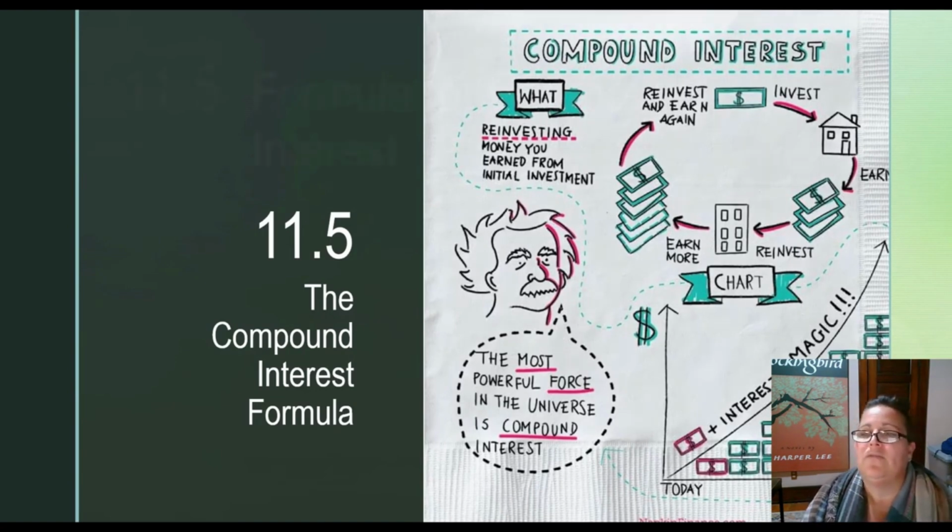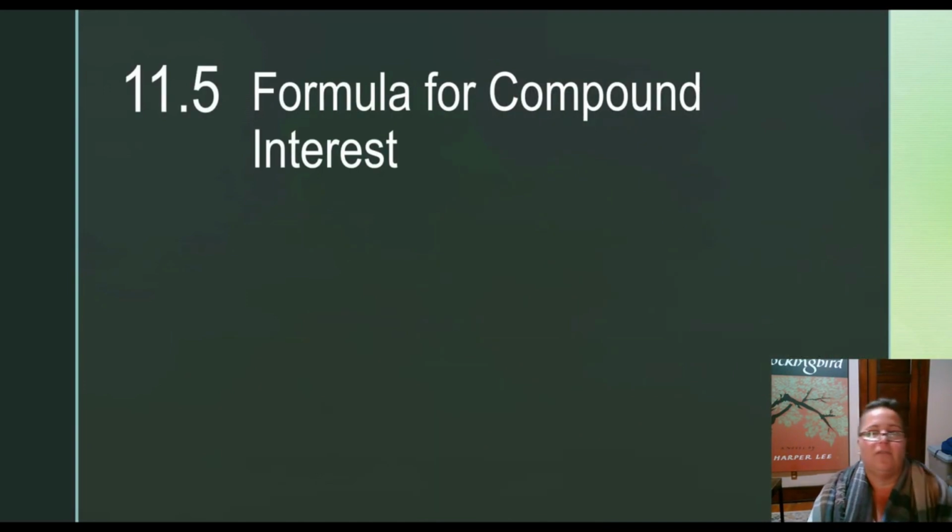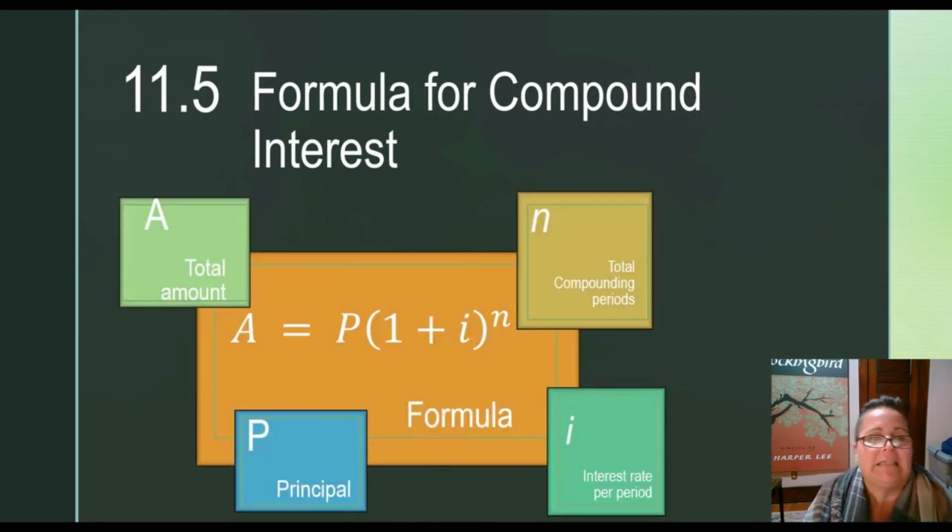So the formula for compound interest is as follows. A is equal to P times (1 plus i) to the nth power. This is A, as in the total or compounded amount, is equal to P, your principal. That's the amount of the investment or of the loan, times the quantity 1 plus i.